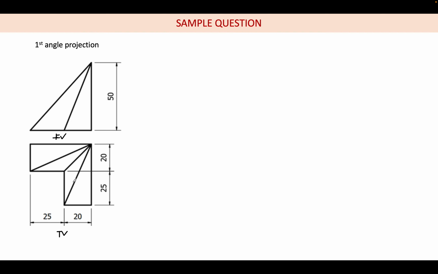So first of all you have to be able to mentally visualize. What I am able to see is that some L-shaped object is there, from which some slicing has been done. So we are now cutting this L-shaped object along an inclined, oblique plane. Because of that we are able to see something like this.